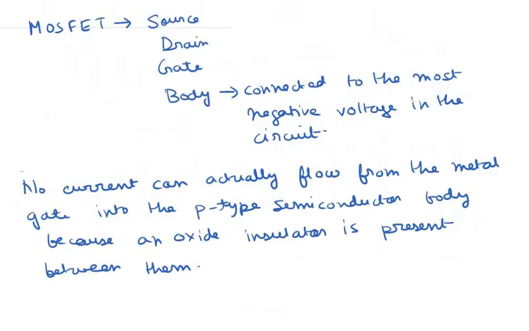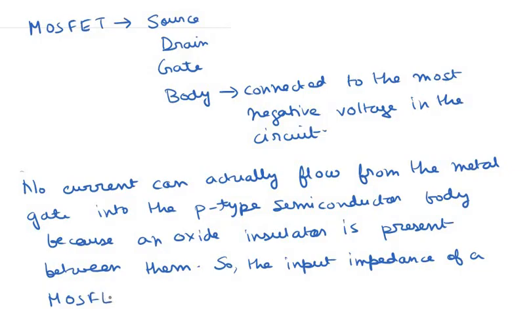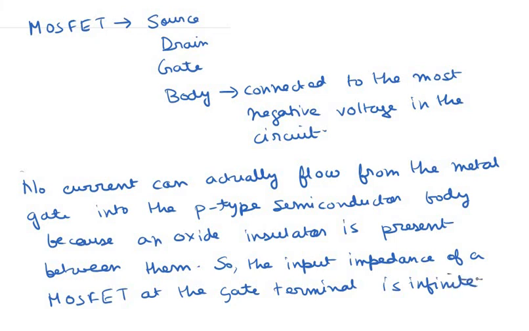Here the input impedance is infinite because no current can flow from the gate into the p-type body. So the input impedance of a MOSFET at the gate terminal is infinite because no current can flow through the gate into the p-type body. MOSFETs have a very high, ideally infinite, input impedance.